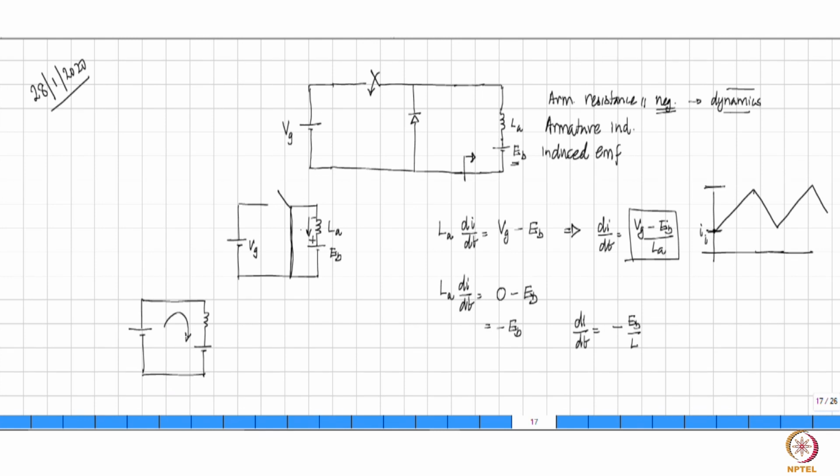If it goes beyond a certain value, you can always switch it off and allow it to fall down, right? So magnitude of this ripple is certainly under your control. You can control it to whatever you want.